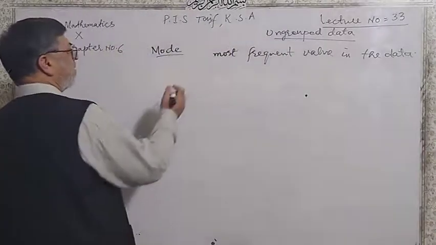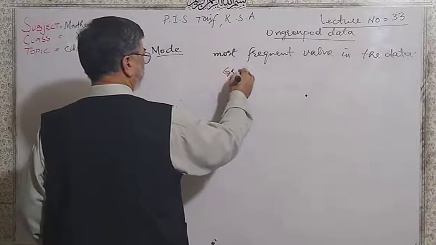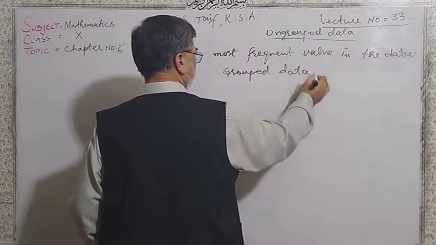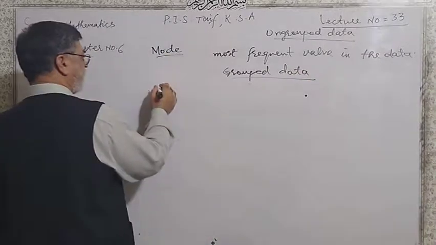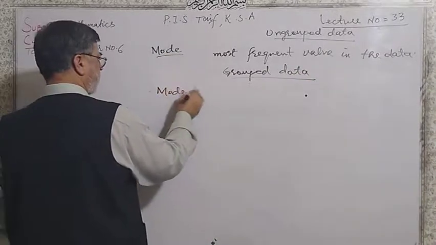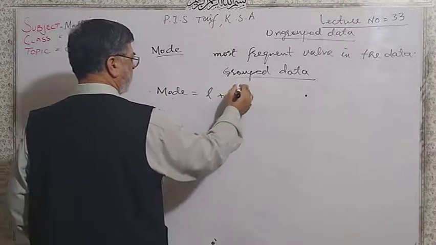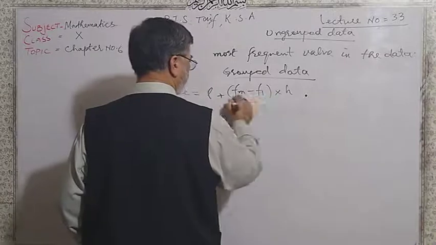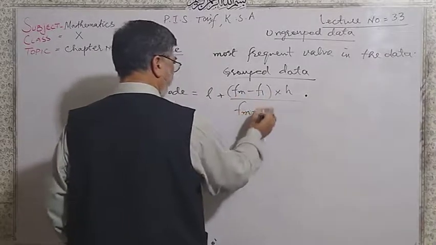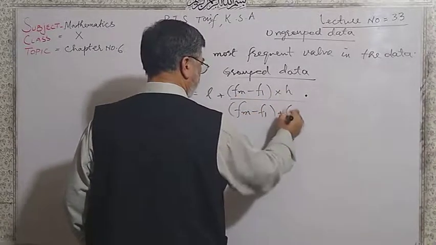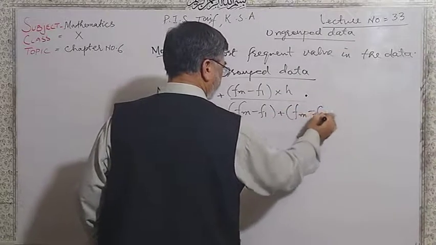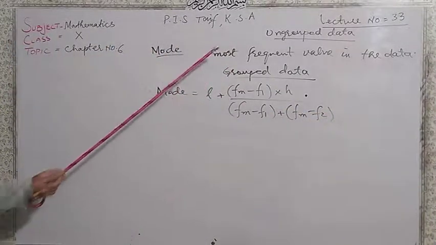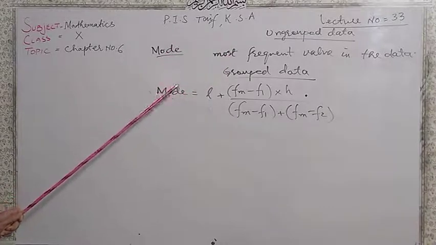After that, for grouped data, we have mode is equal to L plus (Fm minus F1) into h over ((Fm minus F1) plus (Fm minus F2)). Remember that this is the formula for grouped data to find the mode.